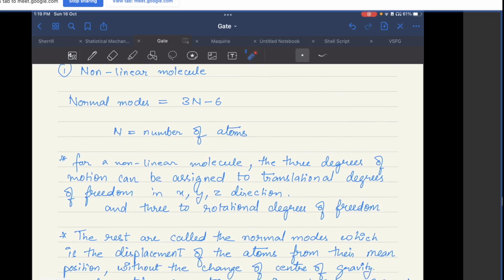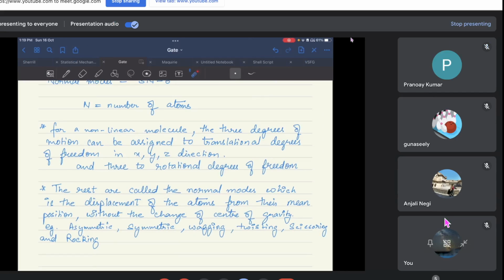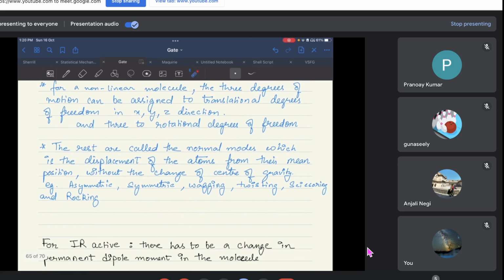I will explain it here: n is the number of atoms present in the molecule, and for a non-linear molecule, of the 3n degrees of freedom, 3 are assigned to translational degrees of freedom in the x, y, and z directions, and 3 to rotational degrees of freedom.